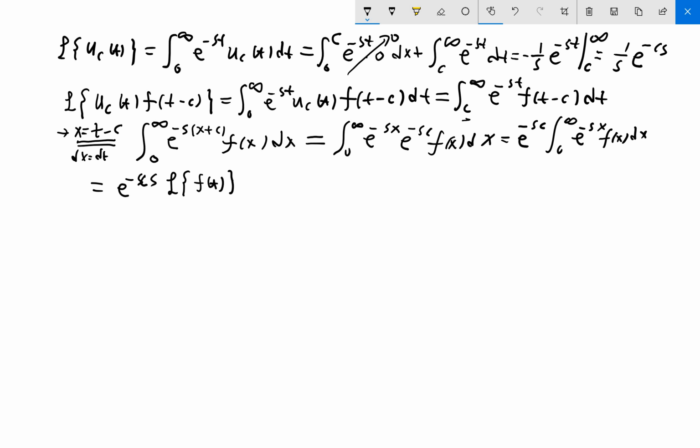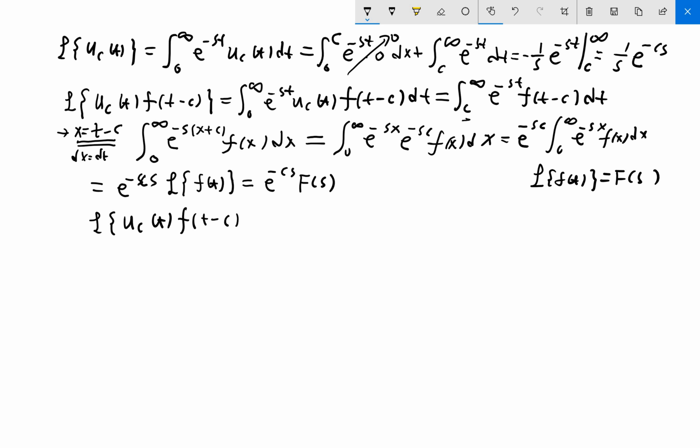Okay, we'll always use capital F(s). In this class, capital F(s) is always, remember this, we'll always use this notation. So finally we got this important formula: the Laplace transform of u_c(t) f(t minus c) is equal to e to the negative cs F(s).